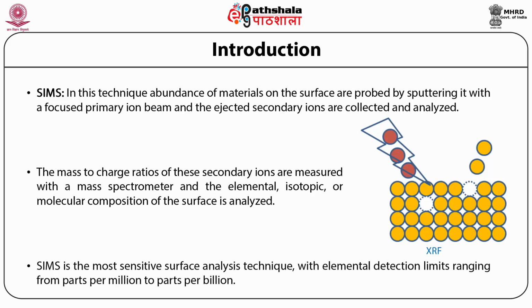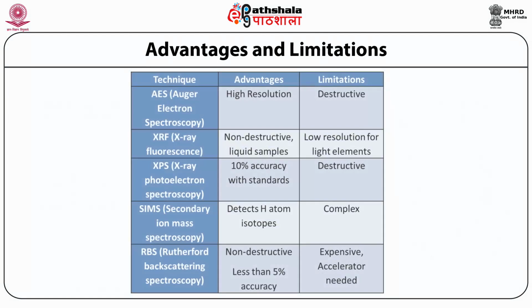SIMS is the most sensitive surface analysis technique, with elemental detection limits ranging from parts per million to parts per billion. All the spectroscopic techniques described above have some advantages and limitations and are described in tabular form below.